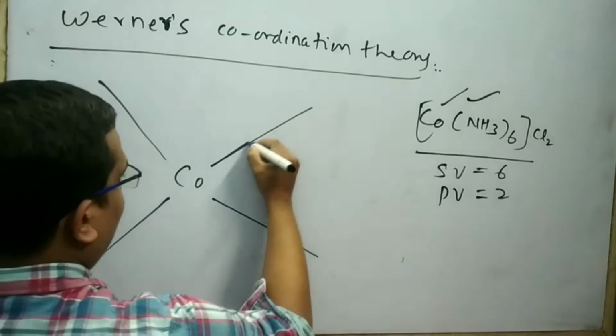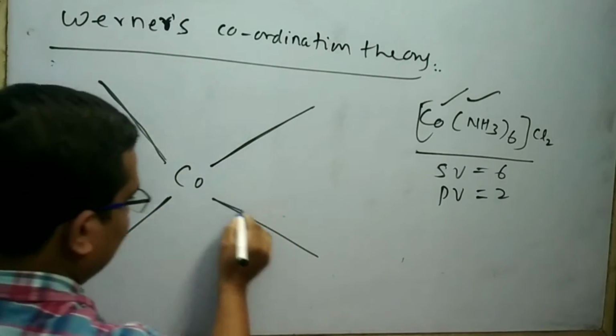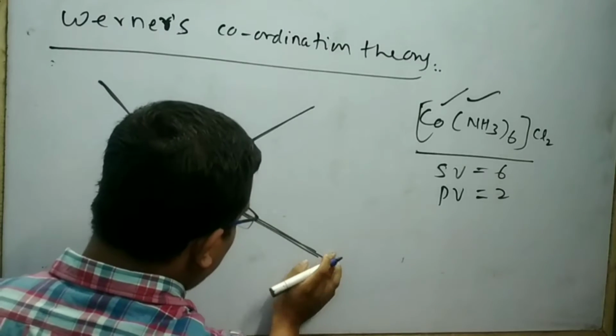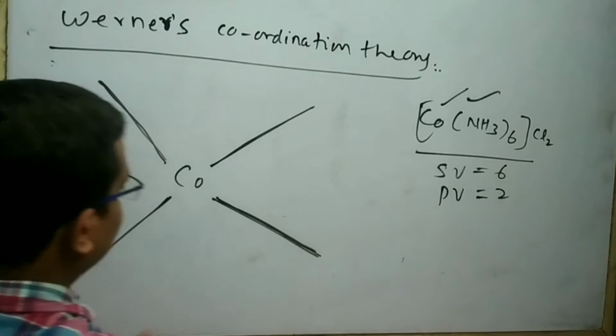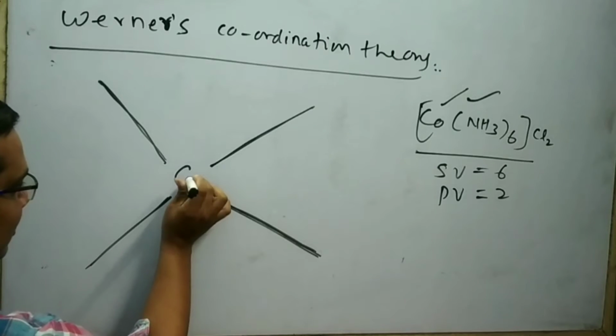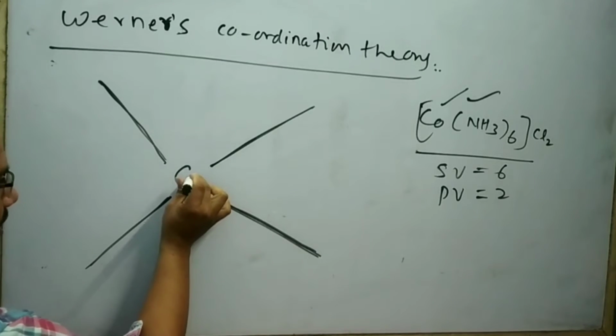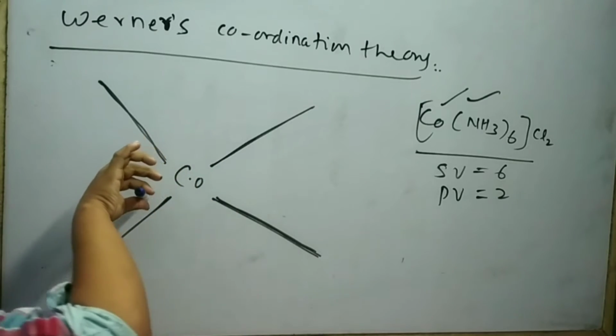Suppose I draw the 6 secondary valencies like this. We know that secondary valencies are denoted by bold lines, and another 2 secondary valencies are drawn like this. Here one secondary valency is on the back side of the whiteboard.